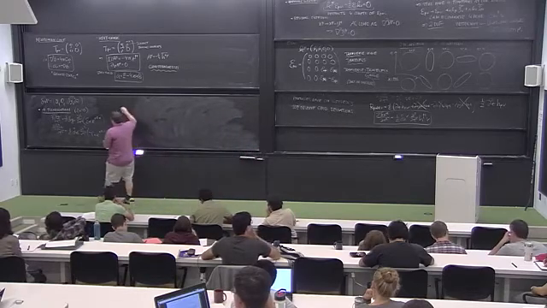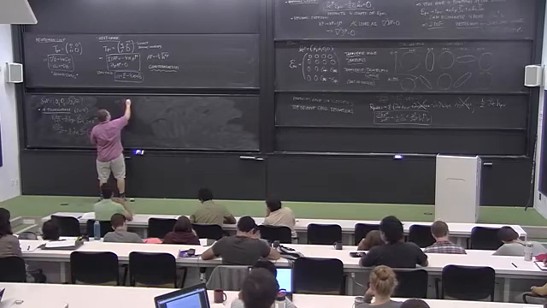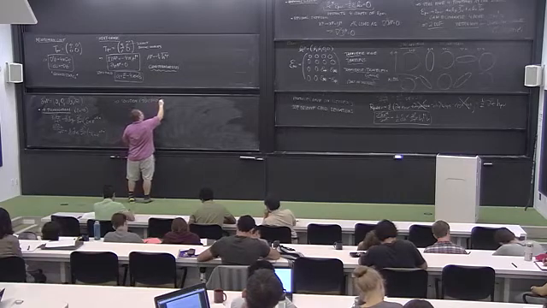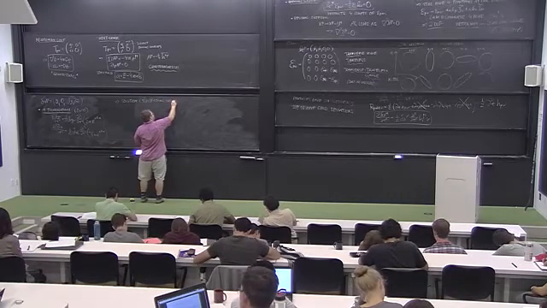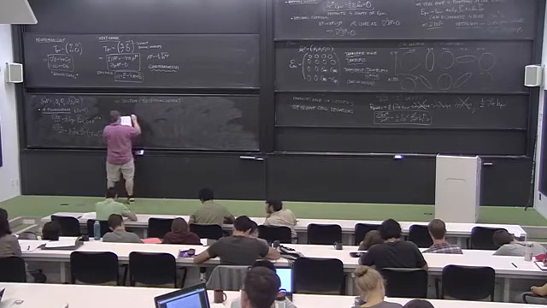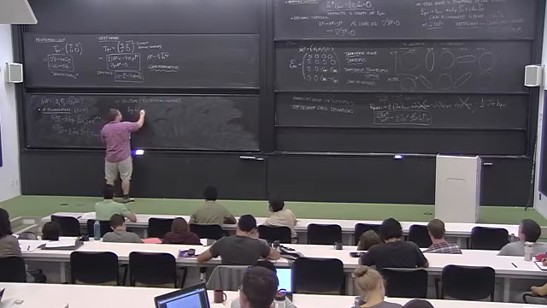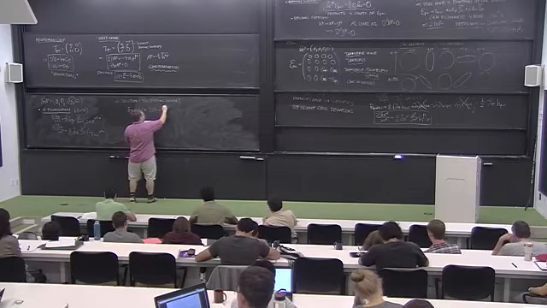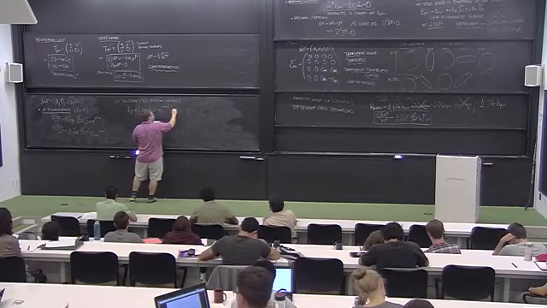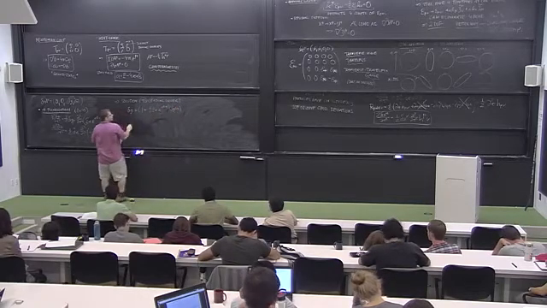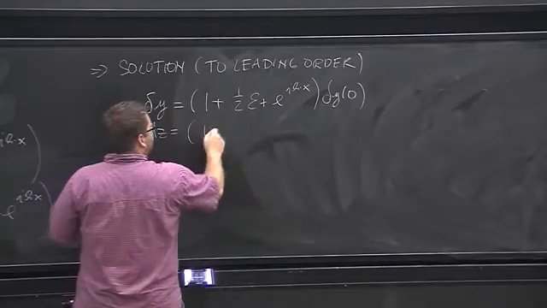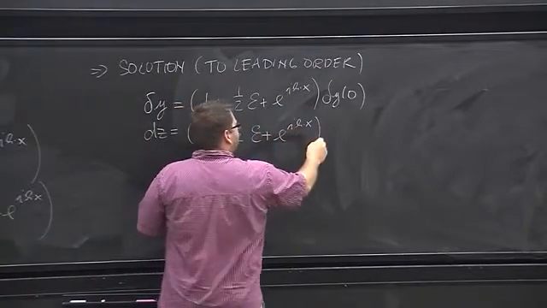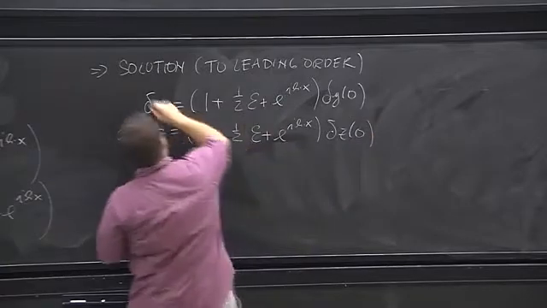So then you can find that the solution, to leading order, is that δy equals 1 plus 1/2 ε plus e^{ikx} δy(0), and then δz is 1 minus 1/2 ε plus e^{ikx} δz(0).